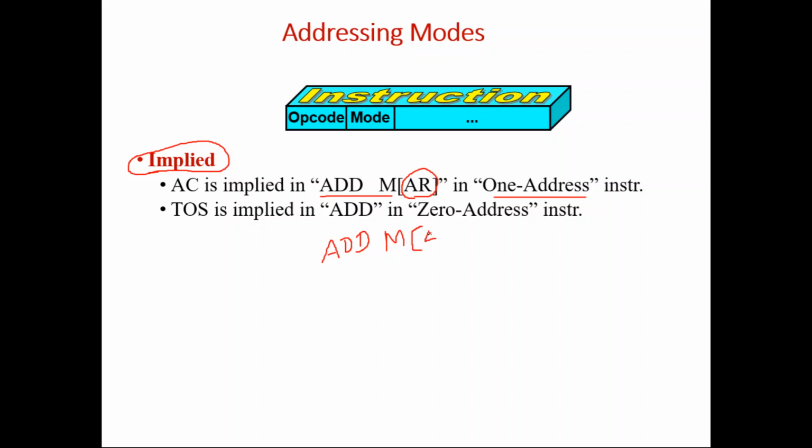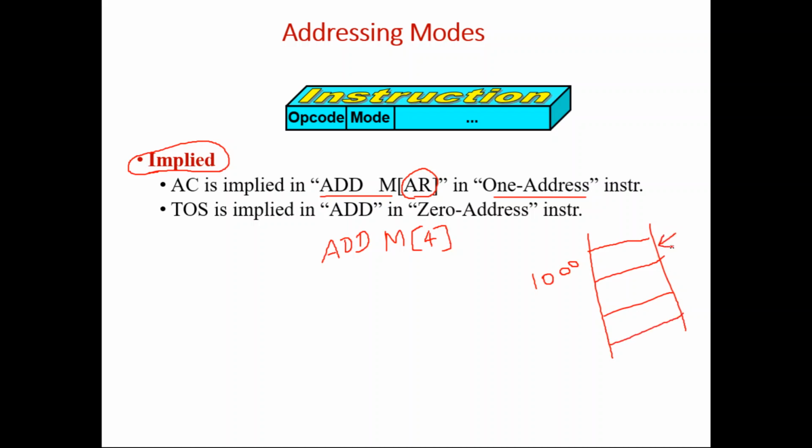Here M represents some memory location, some location in memory, right? Fine. If M is 1000, then it means that add 4 with 1000, if it is a byte address.